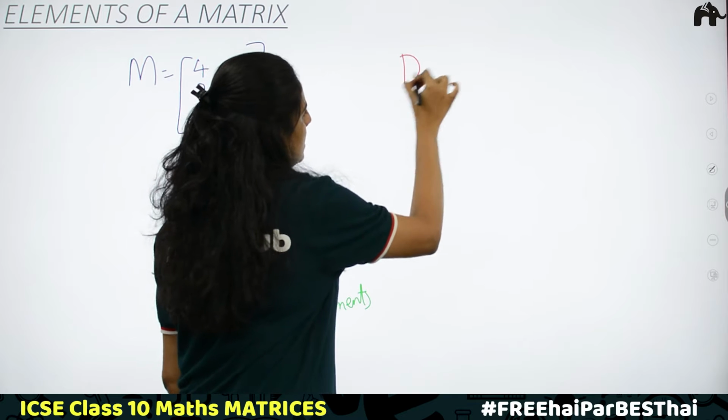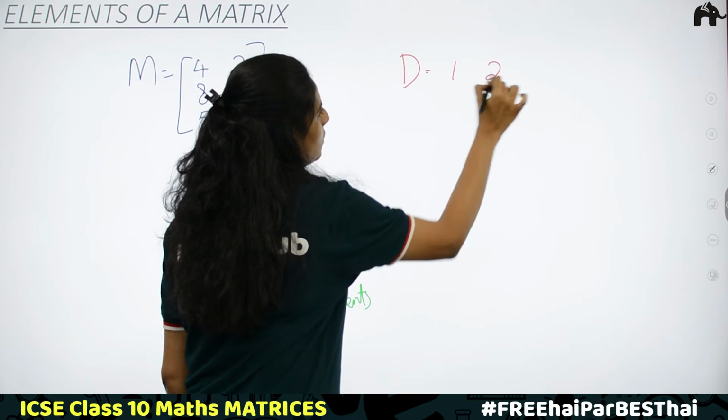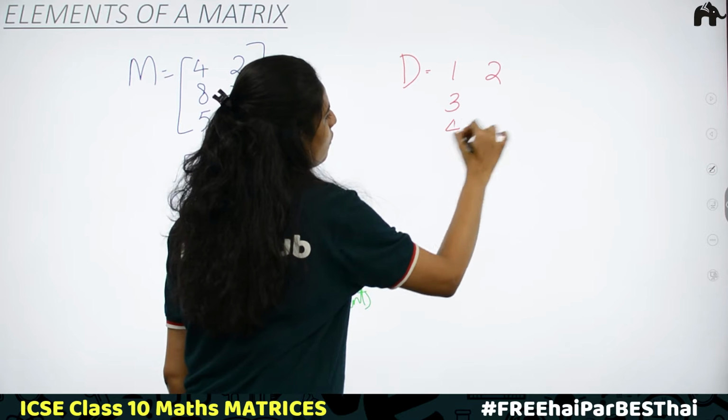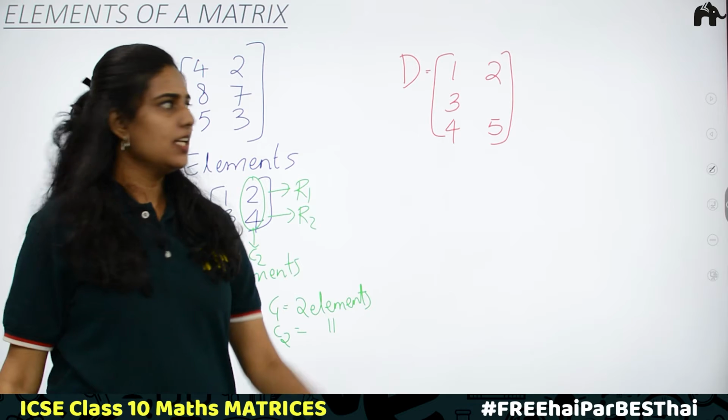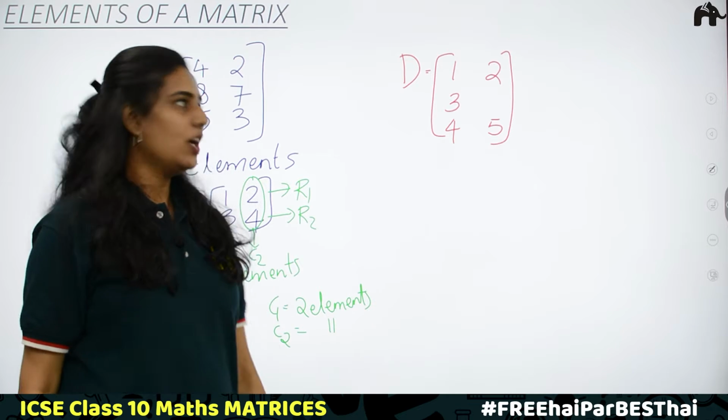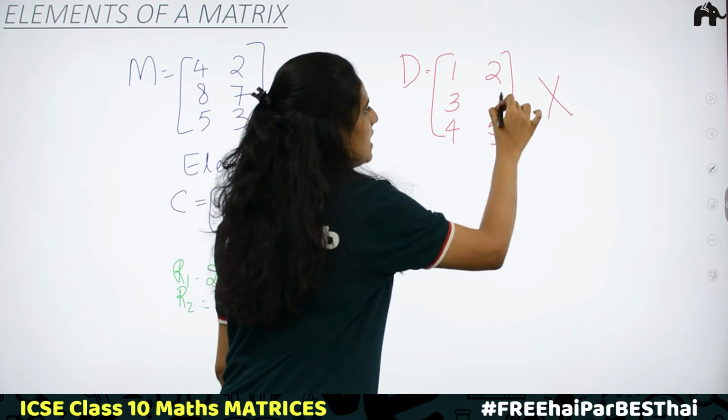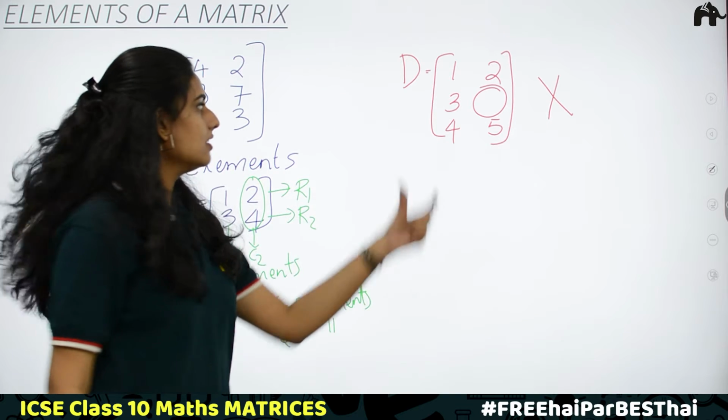A matrix D is equal to 1, 2, 3, 4, 5. We have 5 elements and I am representing in this form. Is this possible, do you think? No, this is not possible because here we have a blank. This cannot be filled.